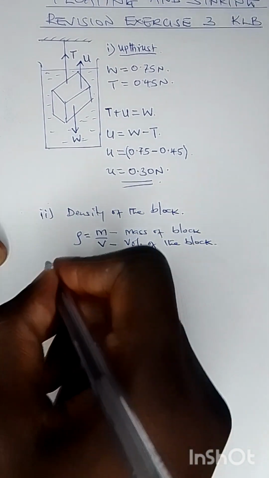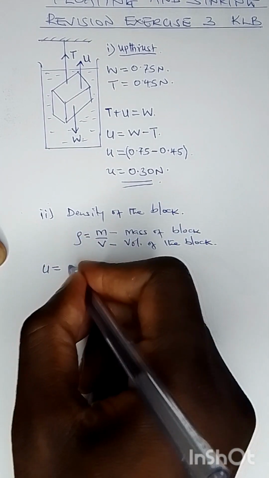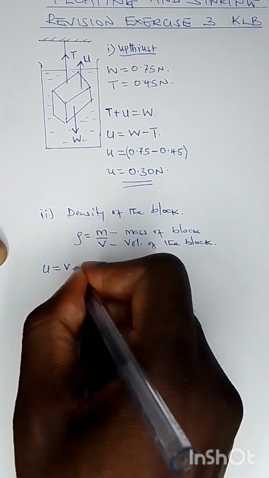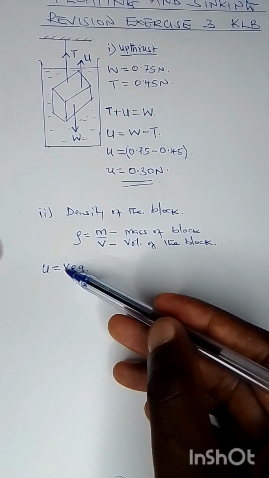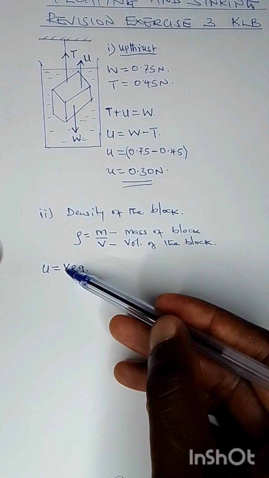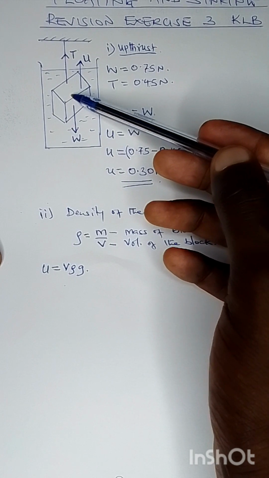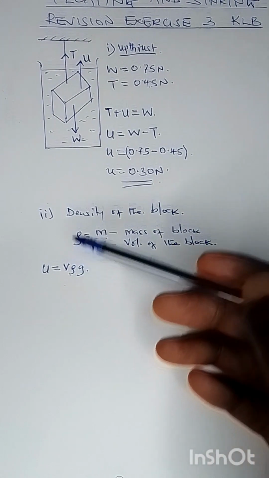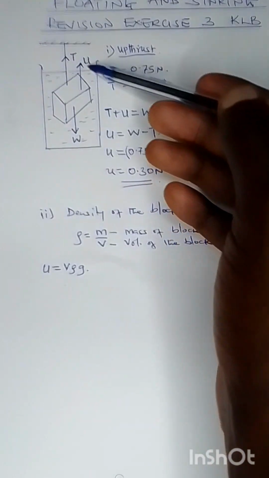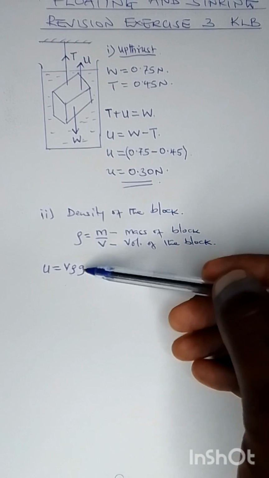Upthrust U is given by V rho G, where V is the volume of the liquid displaced, which is the same as the volume of the block itself here. Rho is the density of the displaced liquid, in this case water, and then G is a constant.